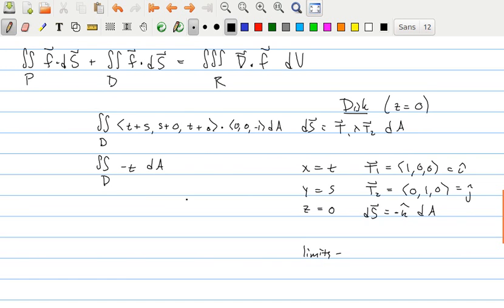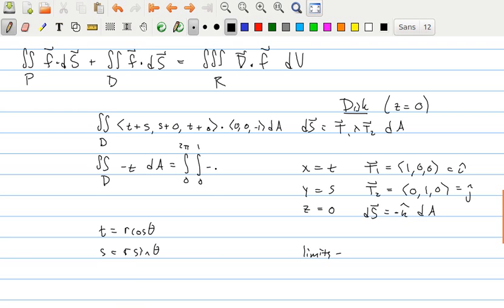Okay, now we've got to change this to polar because we're integrating over a disk. If we change this to polar, we've got t equals r cosine theta, and s is r sine theta. And our limits of integration, we've got a full disk of radius 1. So our limits of integration will be 0 to 2 pi and 0 to the radius of the disk.